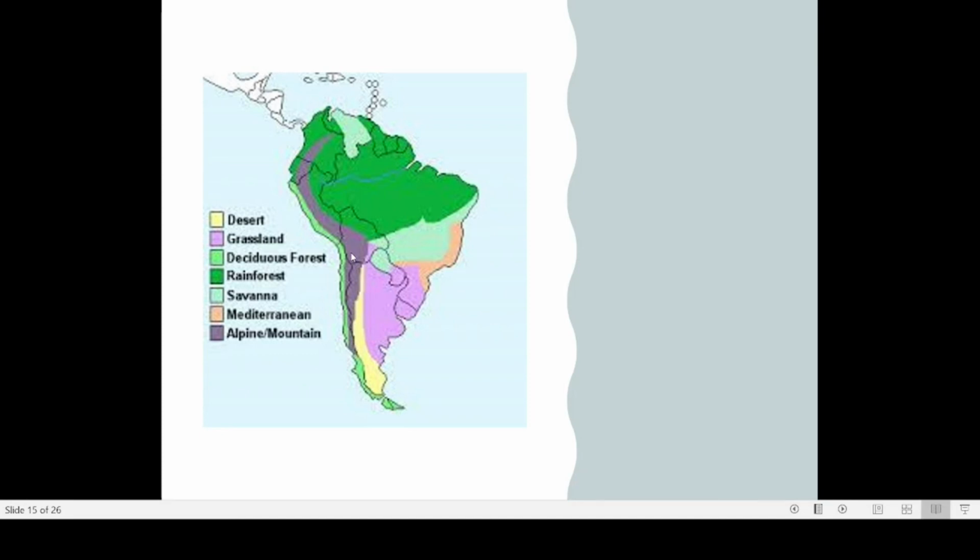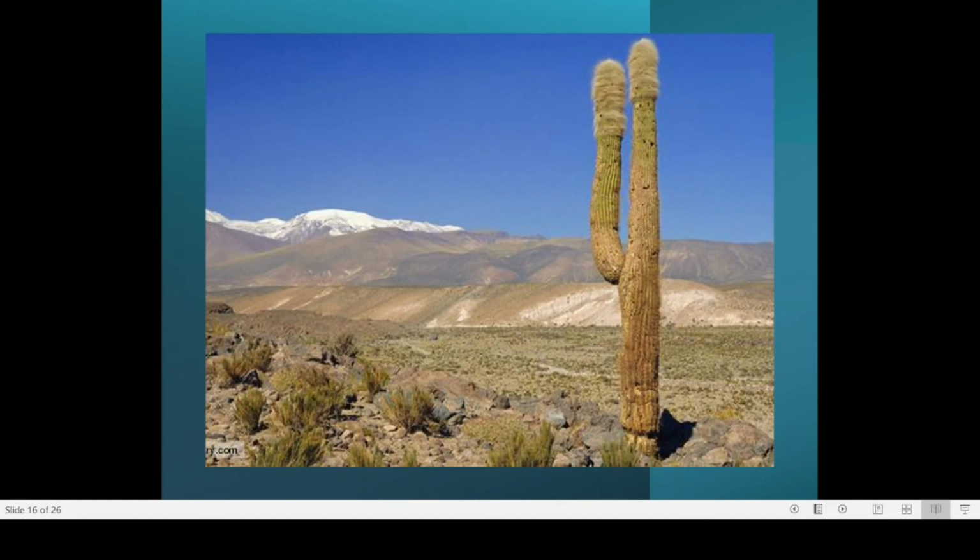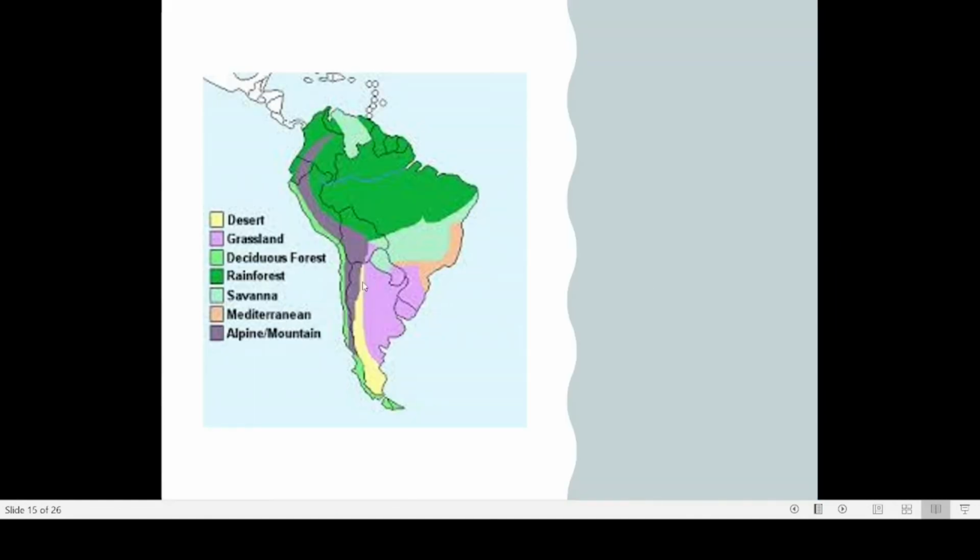The higher portions of the Andes mountain show the mountain climate, or the alpine climate, just like the climate that we are seeing in the Himalayan region or in the high ranges of Munnar. We can find a completely different type of climate. So these are the different types of ecological regions that we can find in South America. And here these are the deserts. I told you that this portion is actually desert.